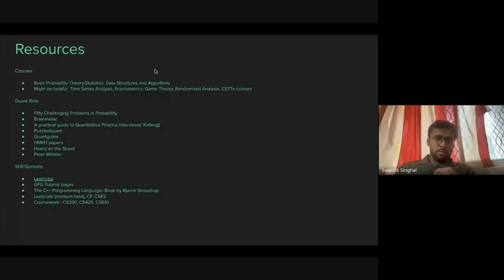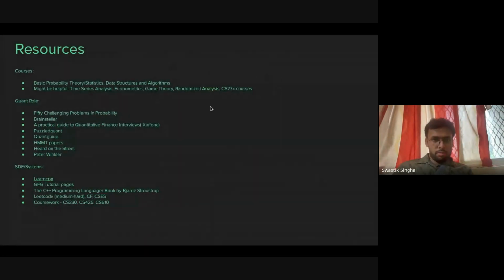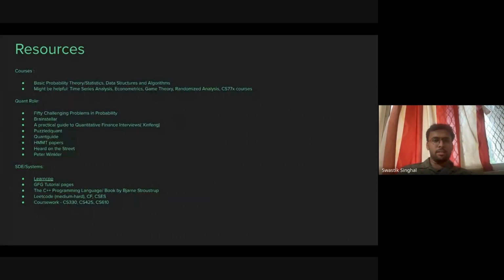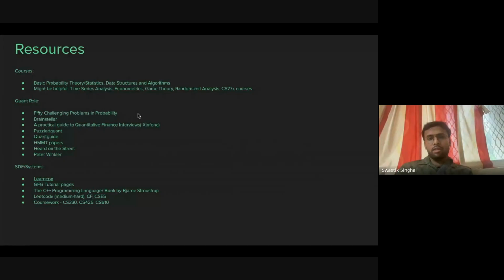So now let's come to the resources, the most important part. For quant, the standard resources like Brainstellar, Zinfandel, and 50 CP, you have to do those. As I mentioned, for certain companies they ask really tough questions, so practicing on the quant side really helps.